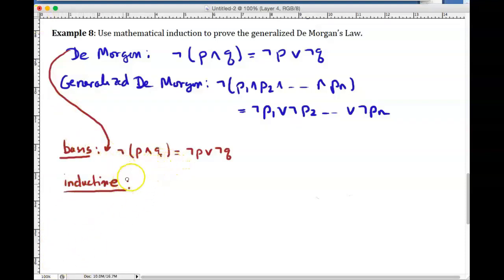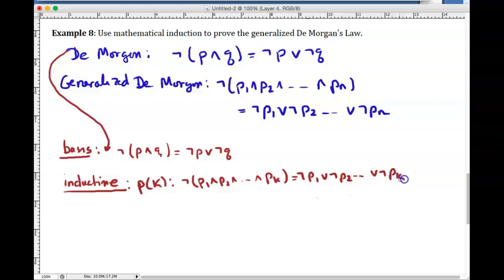All right, so the inductive step, let's write our Pk statement: the negation of (P1 and P2 and all the way to Pk) is going to equal not P1 or not P2 or not Pk. All right, so this is taken as true.